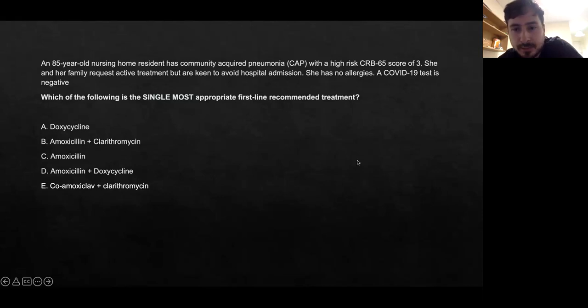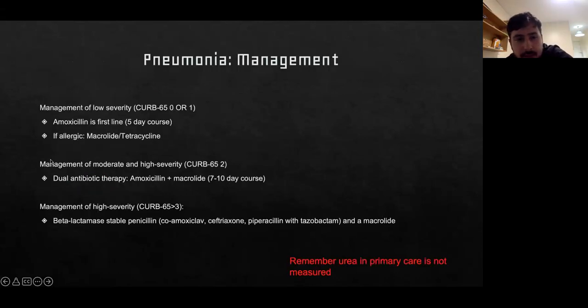Okay, we had a flurry of answers. We've got a good mix between C and B, but the answer in this case is actually E, co-amoxiclav and clarithromycin. That's because the CRB score is actually 3. Urea you can't really do in primary care. A score of 3 is very high, and we class this as high severity pneumonia.